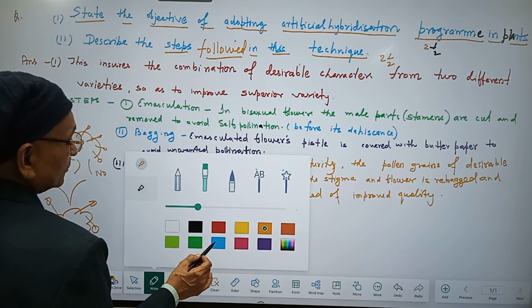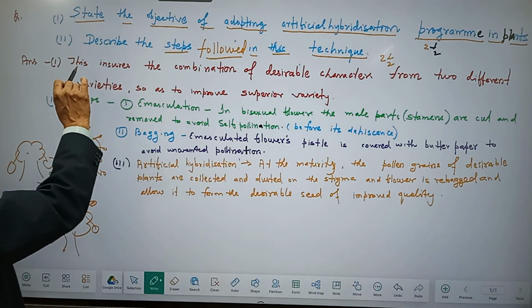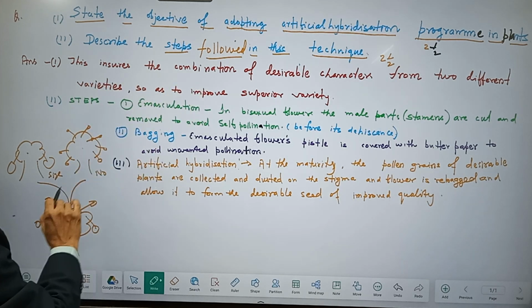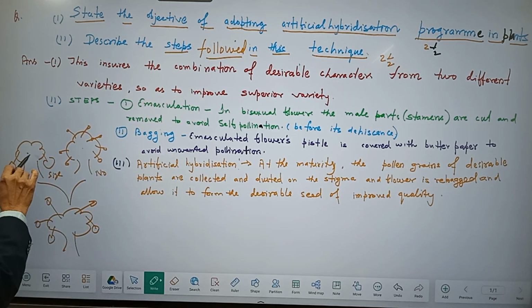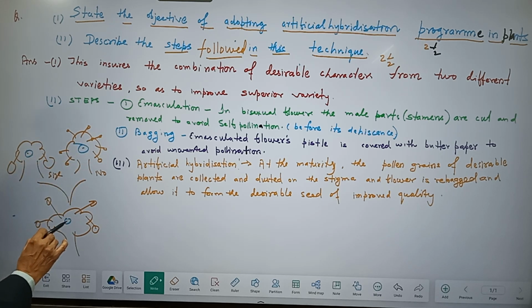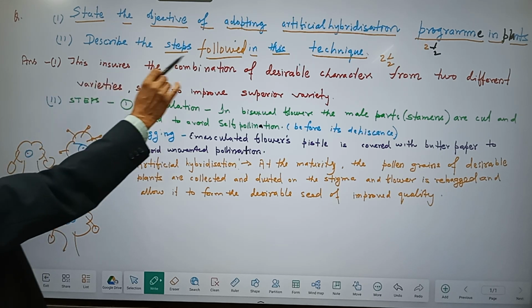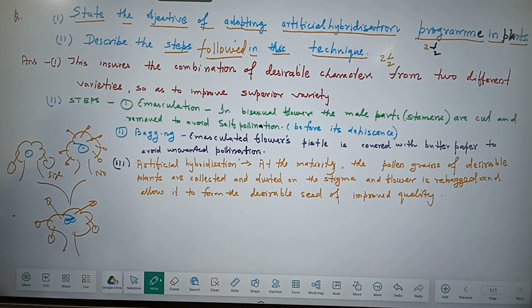So how can we get them in one? This is the question. The purpose is combining two desirable sets of characters present in two different plants into one. This is called artificial hybridization.